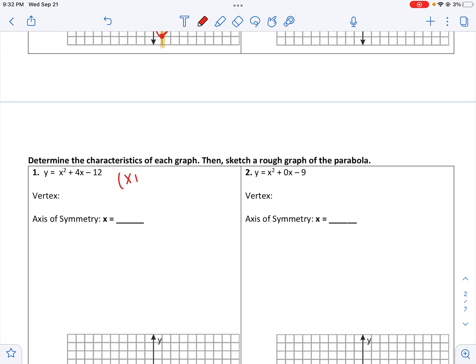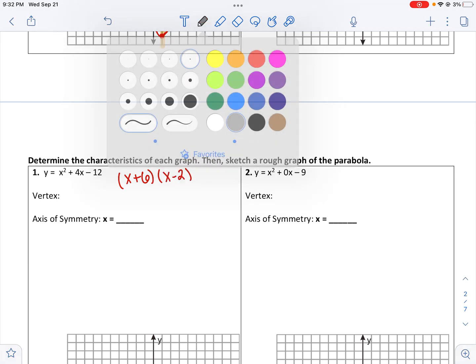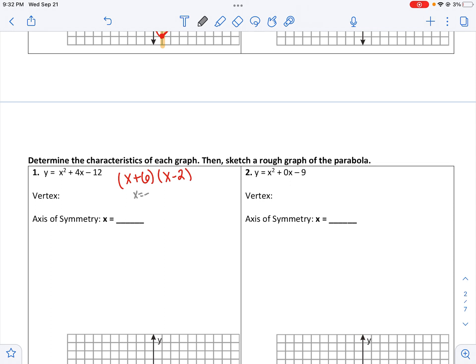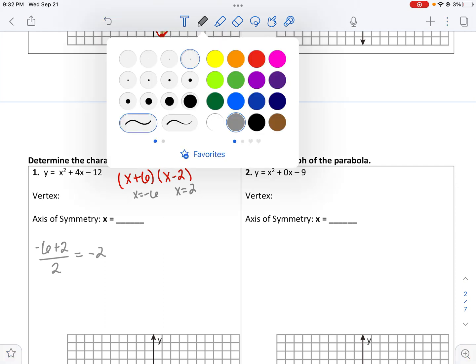All right, so this would factor to x plus 6, x minus 2, which means that this would be x equals negative 6 and x equals positive 2. So my vertex, to find the x-coordinate, I need to take my two solutions, add them up, divide by 2, and I would get negative 2.